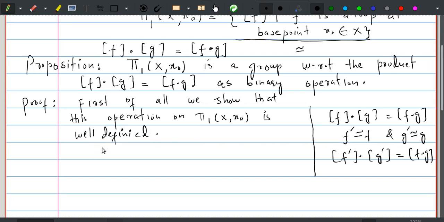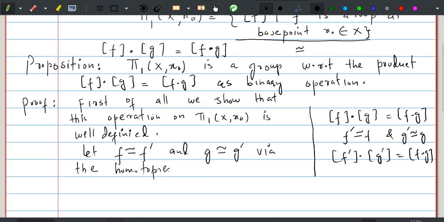For this, let us suppose that f is homotopic to f prime and g is homotopic to g prime, where the homotopies are F1 and F2.